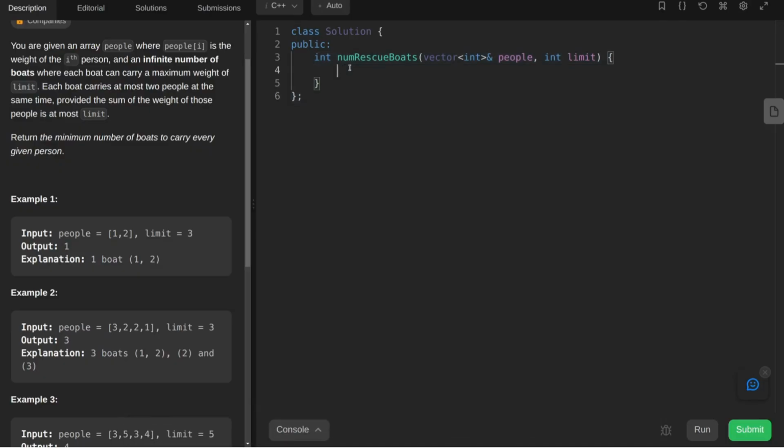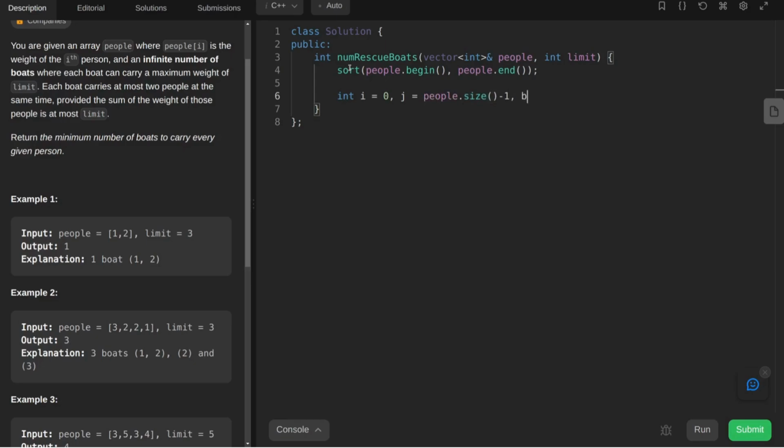So in the first step, I will sort the people array. So sort(people.begin(), people.end()). Then I will create 2 pointers. So int i is equal to 0 and j is equal to people.size() minus 1.